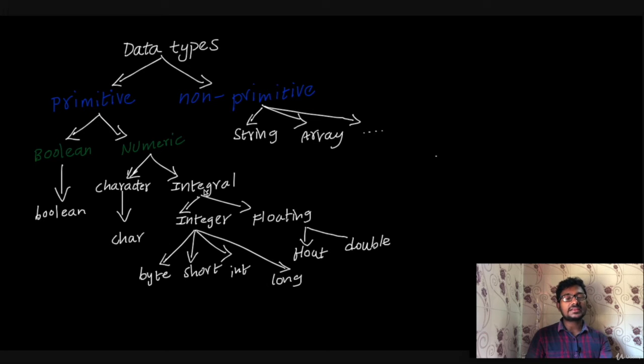Another category is integral. Integral is broadly classified into two types, integer and floating. If you want to store only whole numbers without any decimal points, then you can choose the integer category. Under the integer category there are 4 data types: byte, short, int, long. There are only a few differences between byte, short, int, long.